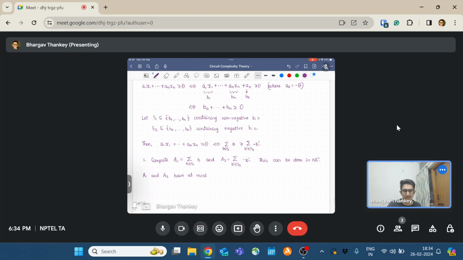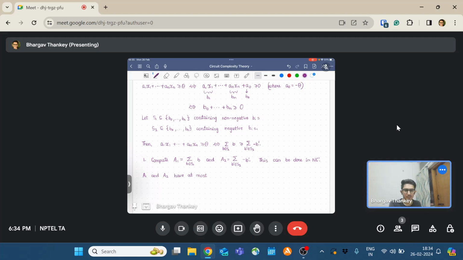Both can be at most a sum of n plus 1 many numbers, right? And each of those numbers is, let's say, n bits. So what happens when you sum up m numbers of n bits each? How large can the sum be? I think at most n plus one.